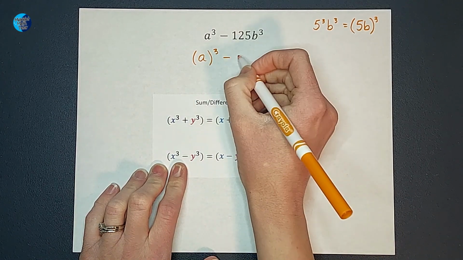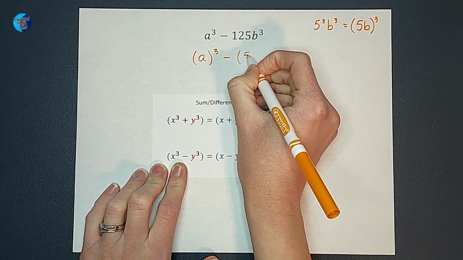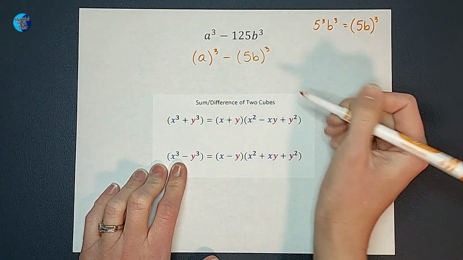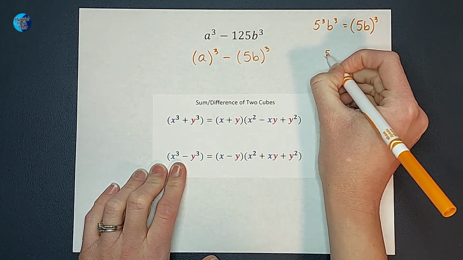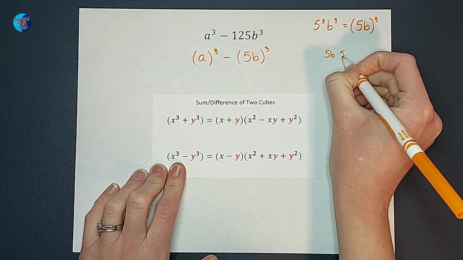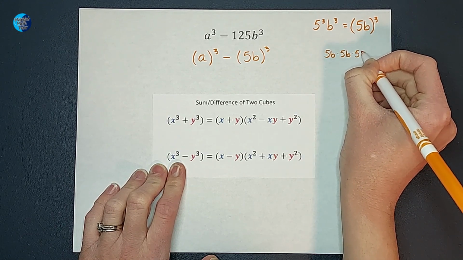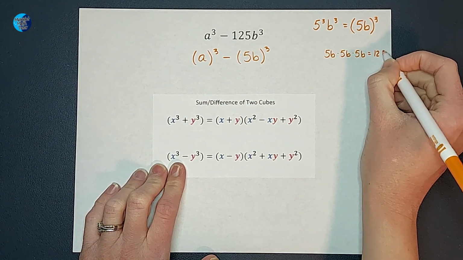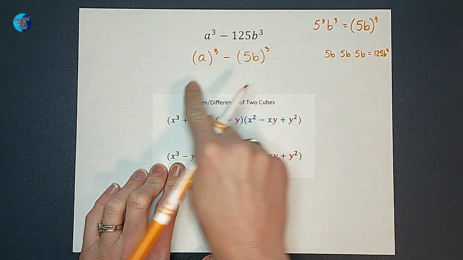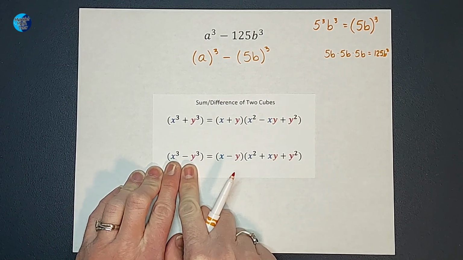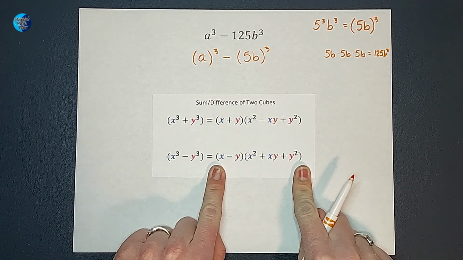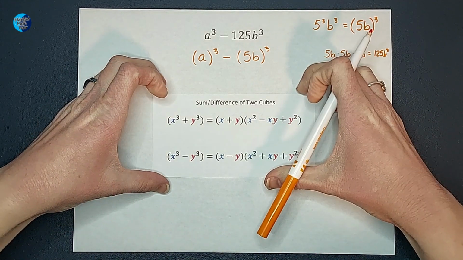All right. So I'm going to write this as 5b cubed. So if I want to check really fast, is 5b times 5b times 5b going to give me 125b cubed? It is. So there we go. I've rewritten it to look like this. So now I can factor it using my difference of two cubes.